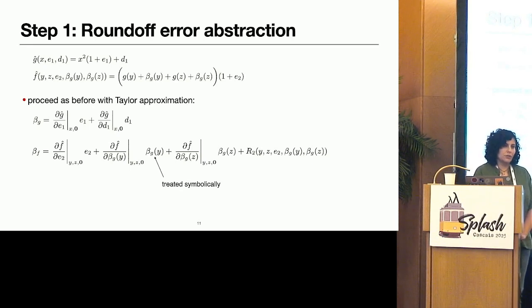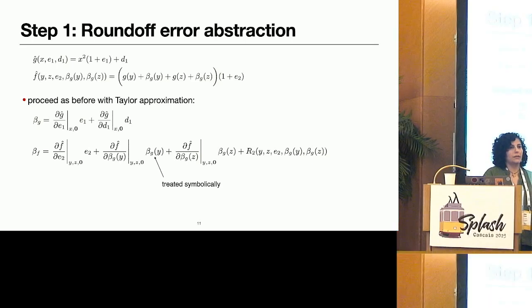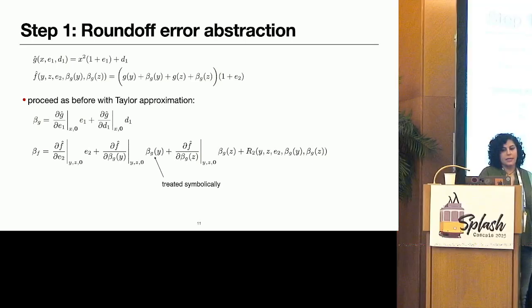Already at this point, we try to improve the performance by abstracting those smaller terms that do not affect the accuracy much. They would improve the performance if we evaluated them now, and then we wouldn't need to reevaluate them repeatedly at the instantiation time.